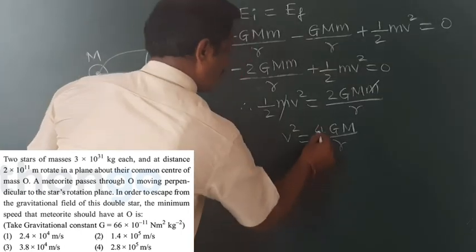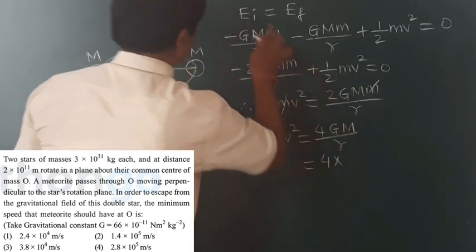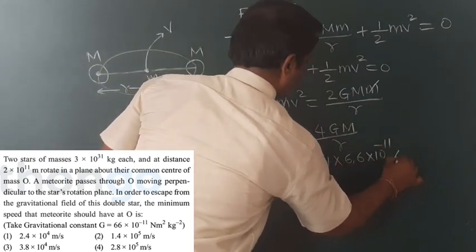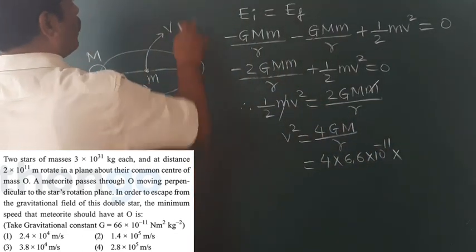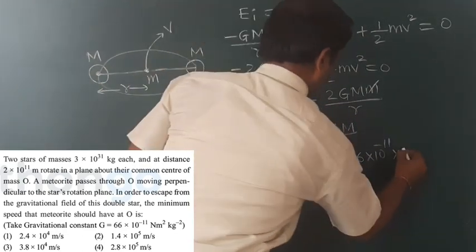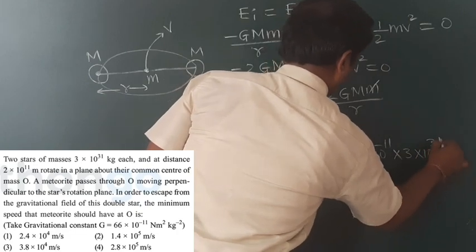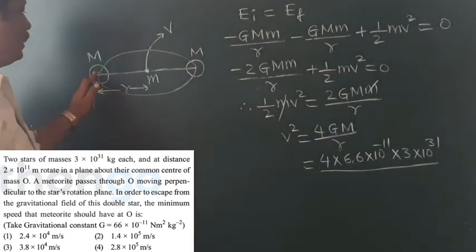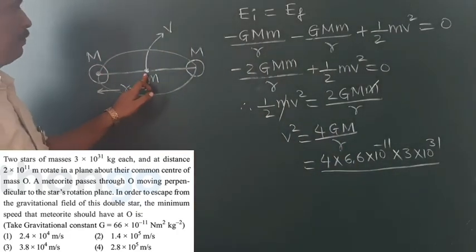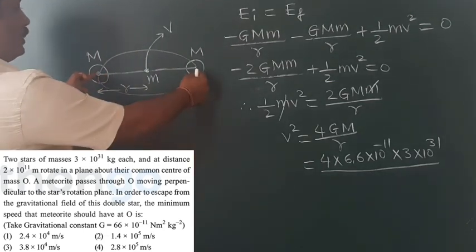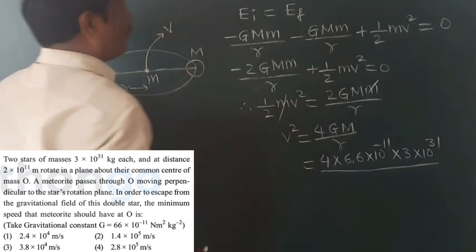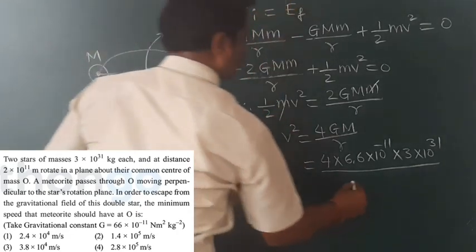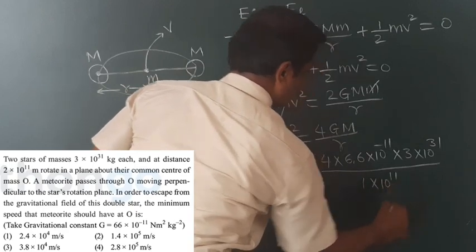So now substitute the values. 4 times G, which is 6.6 × 10^-11, and M, the mass of the star, is 3 × 10^31, divided by R. R is the distance between the star and the meteorite. The distance between the two stars is 2 × 10^11, therefore half of this distance is 1 × 10^11.